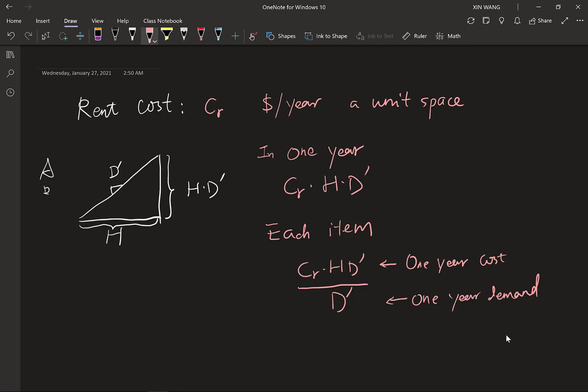Okay, so this gives you the unit rent cost per item.